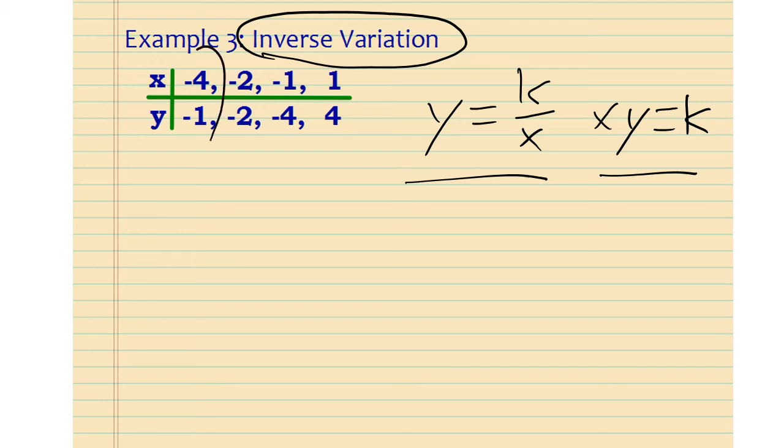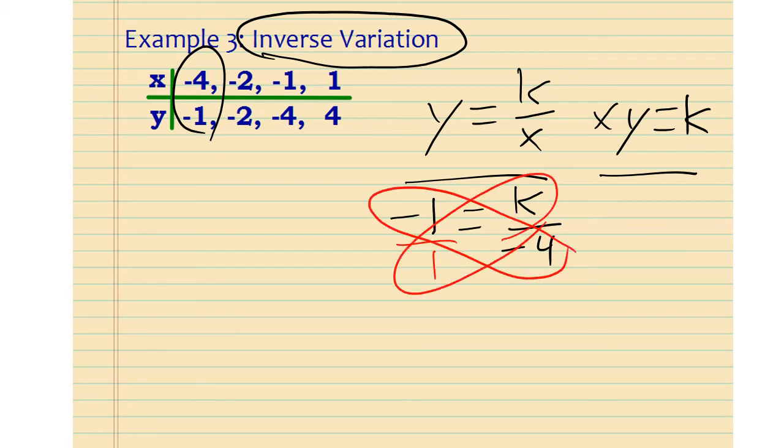So I'm going to take this point, put -1 in for y, put -4 in for x, cross multiply, and I get k is equal to 4. If you put -4 in for x here, -1 in for y, you get 4 equals k. We get k equals 4 either way.